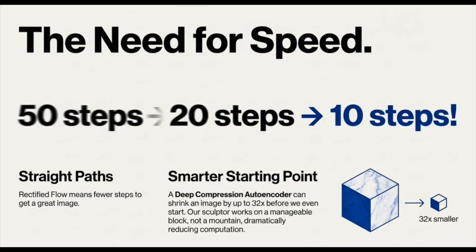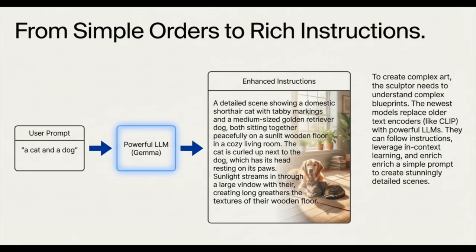It's just trying to predict the speed and direction needed to move along this predefined highway from noise to the final image. That is the perfect analogy. The training objective, what's called the conditional flow matching loss, it literally just tells the model to match its predicted velocity to that true constant velocity. We replaced shaky guesswork with a robust physics-based problem. And that stability is why modern models can generate images in far fewer steps with higher fidelity. That's the key. I see.